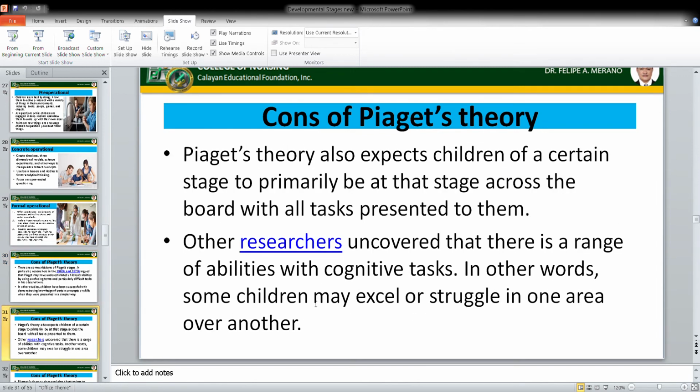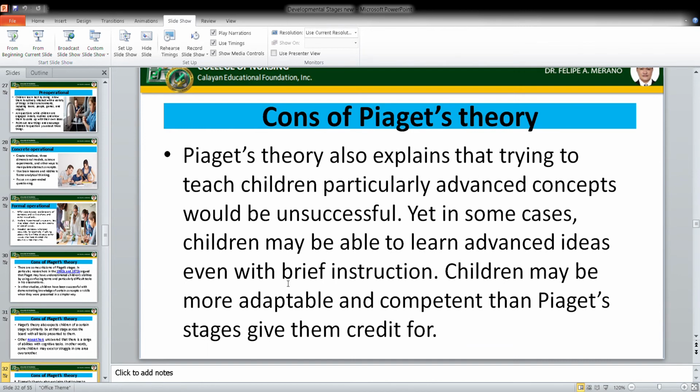Next, Piaget's theory also expects children of a certain stage to primarily be at that stage across the board with all tasks presented to them. Other researchers uncovered that there is a range of abilities with cognitive tasks. In other words, some children may excel or struggle in one area or another. And next, Piaget's theory also explains that trying to teach children particular advanced concepts would be unsuccessful.